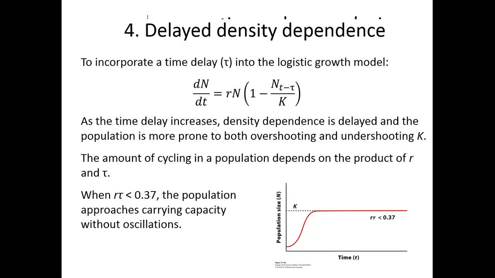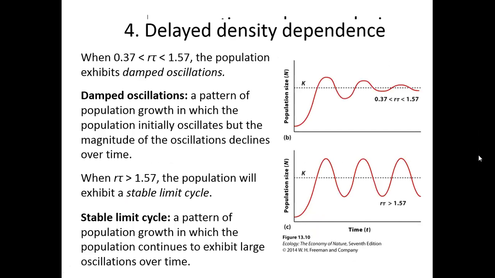If the time lag increases, though, then you get damped oscillations exactly the way you did with a discretely reproducing population. And if the product of r times tau is large, then you get stable limit cycles. Again, just as you would in a geometrically growing population.